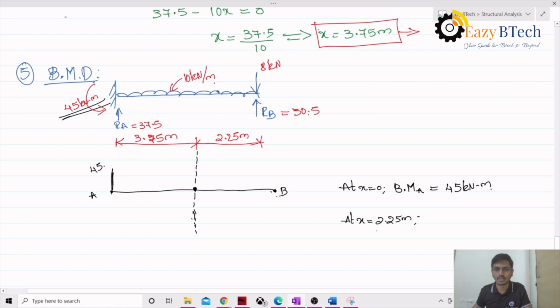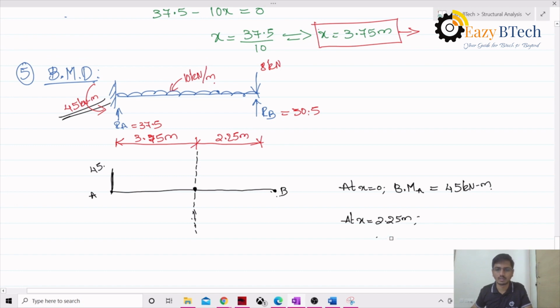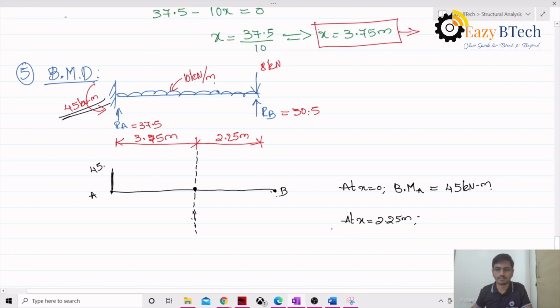This will become 30.5, the reaction is there. Let us write in terms of an equation so that it is clear. So we have RB at a distance of 2.25 meter.